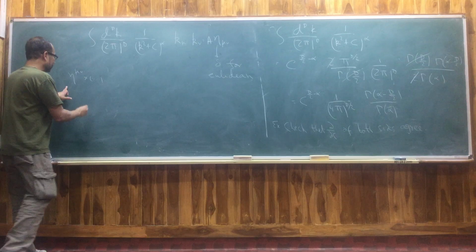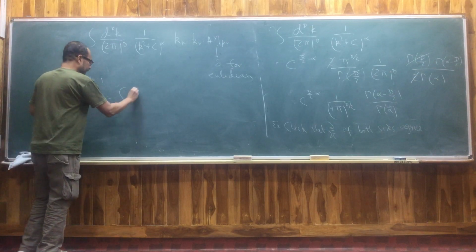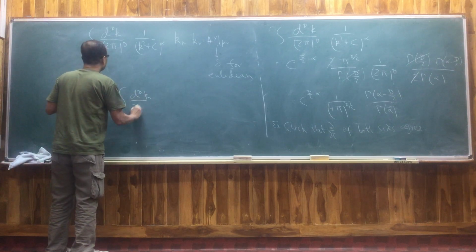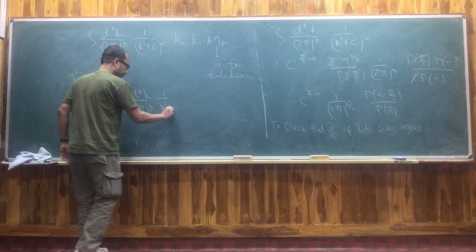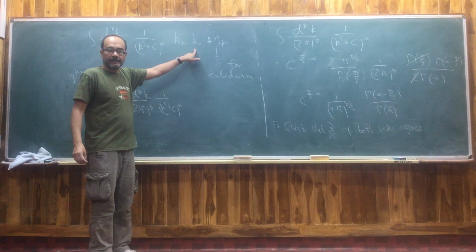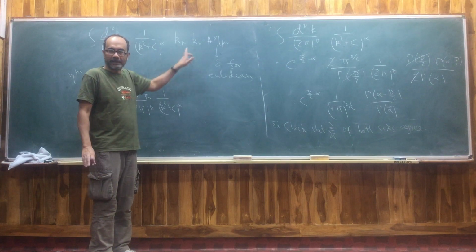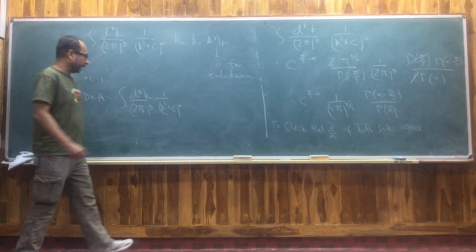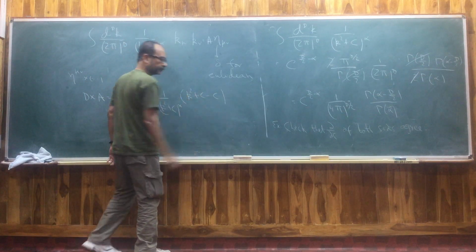So d times a is the integral d^dk over (2π)^d of k² over (k² + c)^α. Here η_{μν}k^μ k^ν is k², but I can write this as k² + c − c.